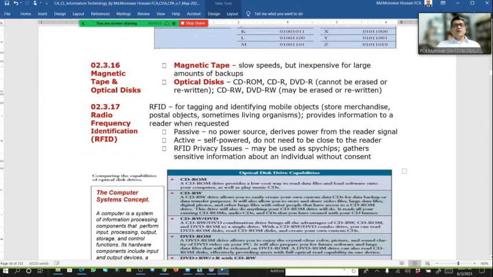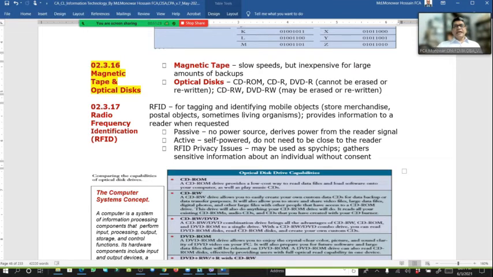And now, magnetic tape and optical discs. Magnetic tapes have slow speed but are inexpensive for large amounts of backup. And optical discs, we know, are CD-ROM, CD-writable, DVD-ROM, etc.